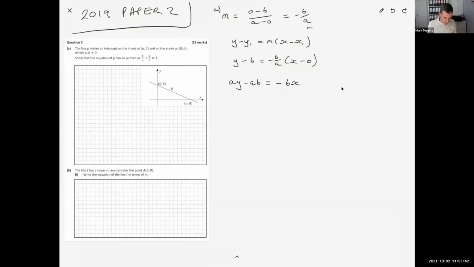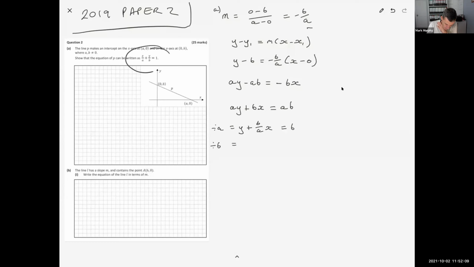Let's get it into the ay format. So that becomes ay plus bx equals ab. Just rewriting so it looks a bit more like this. So that's ay plus bx equals ab. So I divide across by a first of all, right? Divide by a, and we get y plus b over a x equals b, and then divide by b.